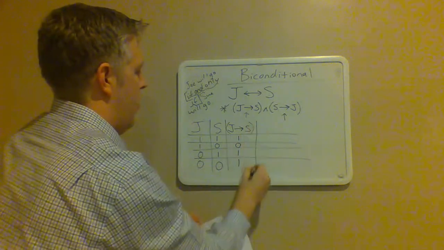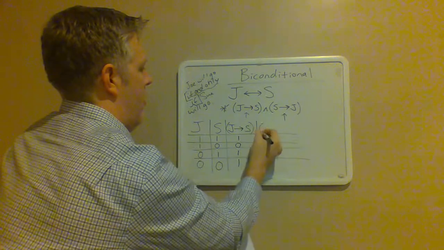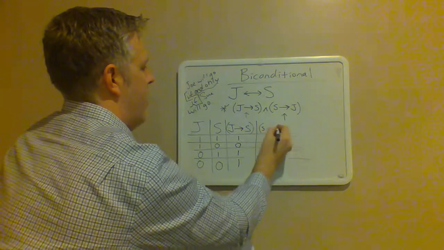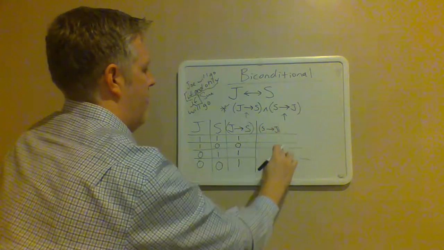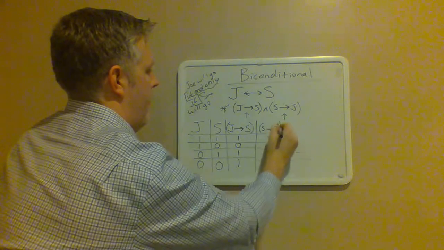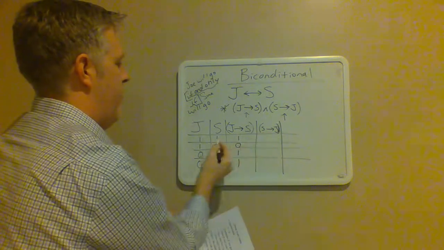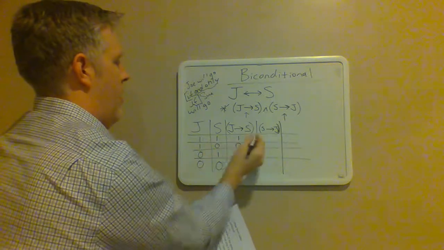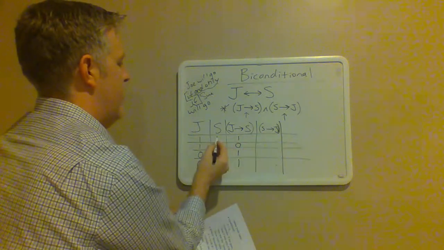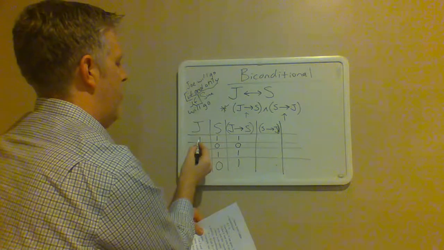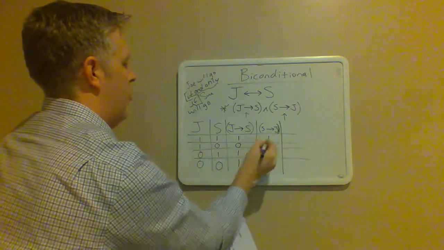Okay? Now we need this one, if S then J. Okay. So same sort of thing, but the reverse relationship. So S is the antecedent, and that's true. J is also true, so the conditional will be true.